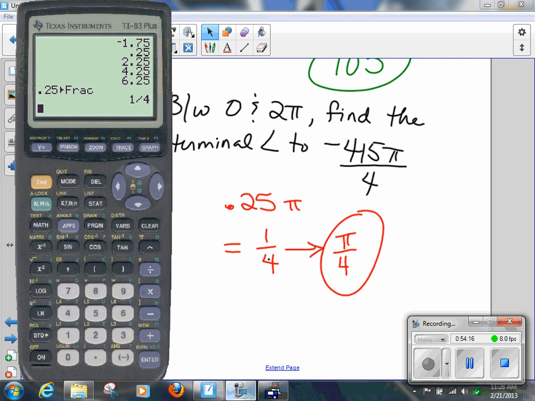Why would I add 2? You tell me. Because 2 pi is equivalent to 360 degrees. Instead of adding 360 degrees, because I'm starting in radians, I take negative 415 divided by 4 and add 2 pi.